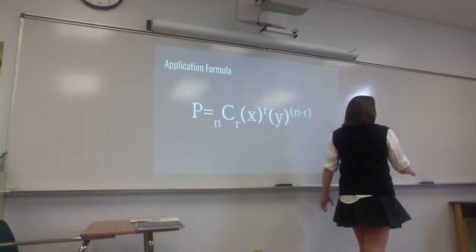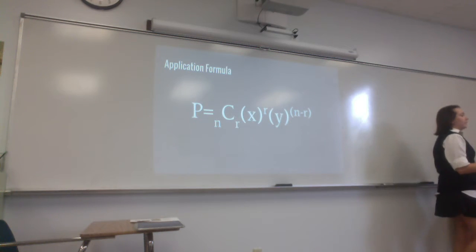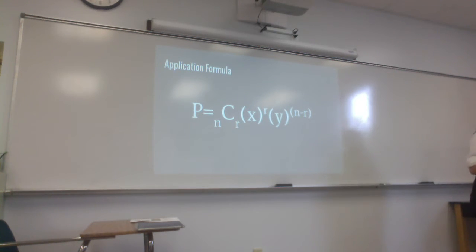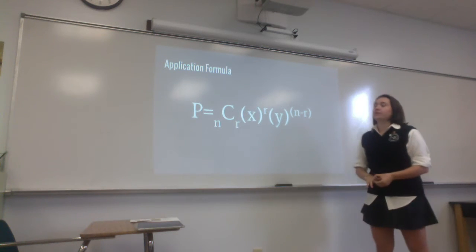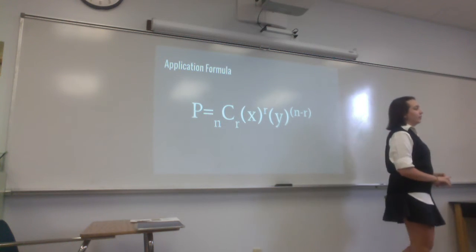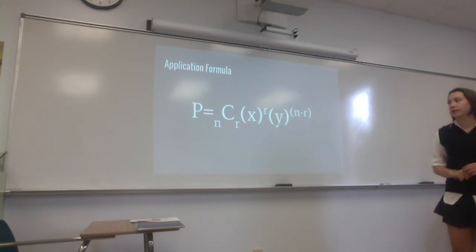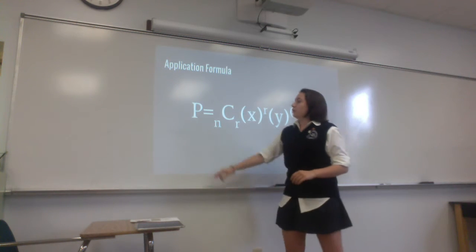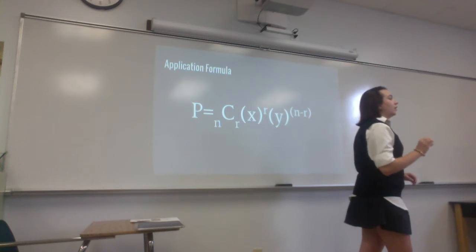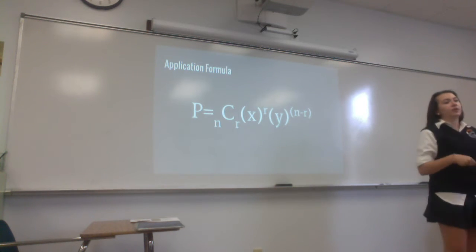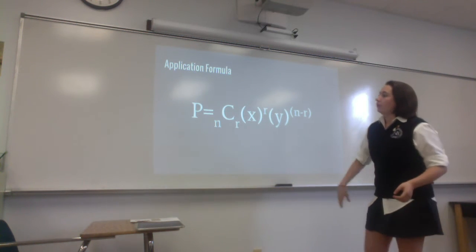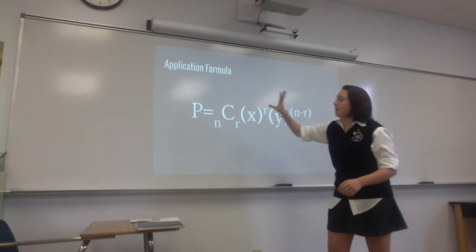Here's our application formula for this specific problem and when we do probability like this. Now, there are 2 things different about the magic formula and the application formula. Same process, but there's 2 things different. The first thing is, you don't see t r plus 1 because we're not looking for a specific term, but instead we're looking for the probability. So when you set up, it would be the probability of 7 out of 10.